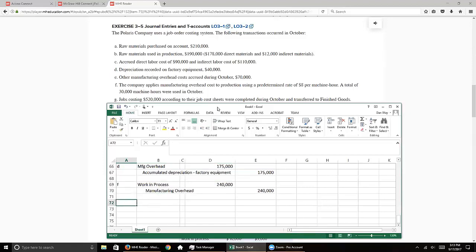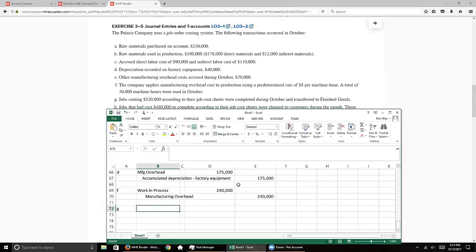And then to continue to look at our flow of costs, letter G said jobs costing $520,000 according to their job cost sheets were completed during October and transferred to finished goods. Even if it didn't say this very last part, transferred to finished goods, we can assume that's where they're going. Anything that's completed has to be going to finished goods. So when jobs are finished, they're no longer in process, right?